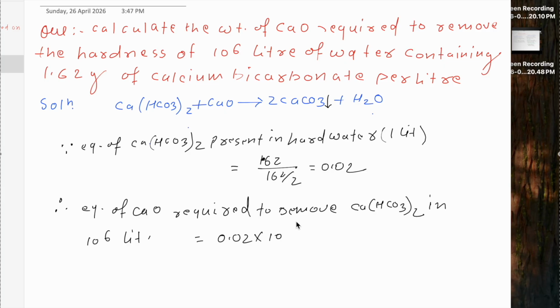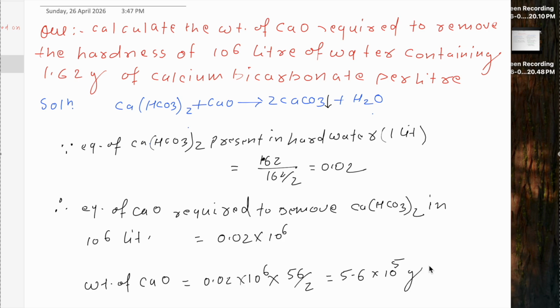So in 10 to the power 6 liter we have to find. Now how can we find the weight of calcium oxide? This is the number of equivalents, 0.02 into 10 to the power 6. Now multiply by the equivalent weight. The molecular mass is 56, divided by 2. So we are getting 5.6 into 10 to the power 5 gram of calcium oxide required.